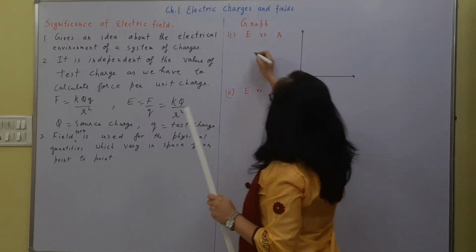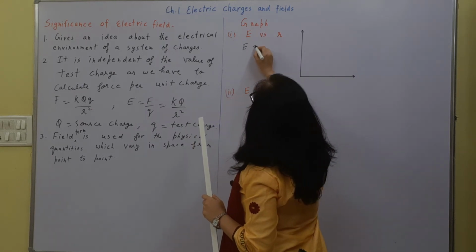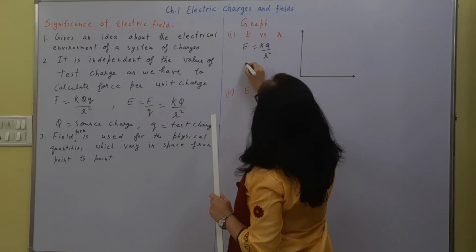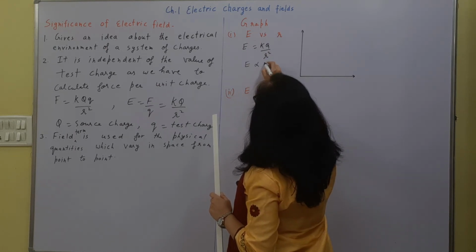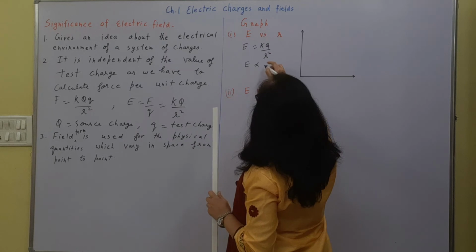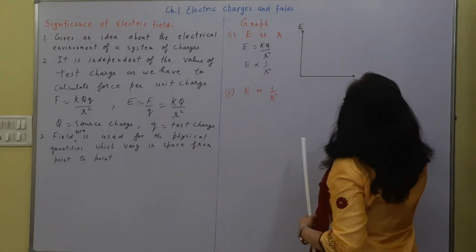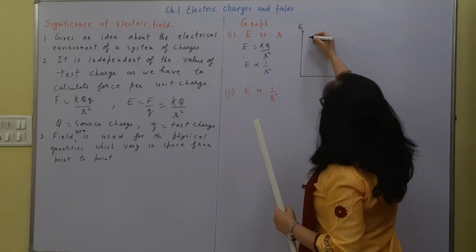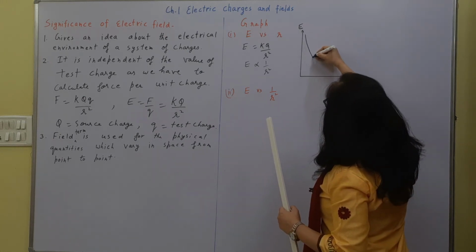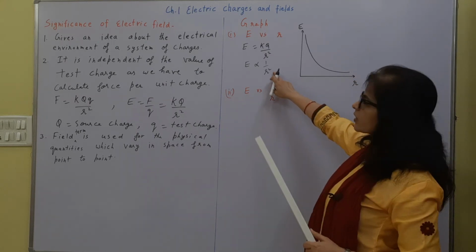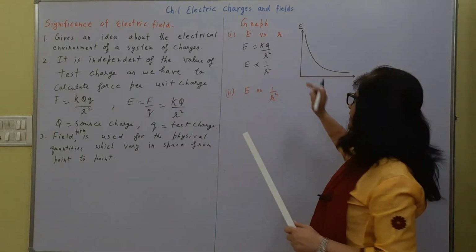We know that electric field is k q upon r square. So E is inversely proportional to r square. So if I have to plot a graph between E and r, it will be steeper because it is varying as a square and inverse proportionality.